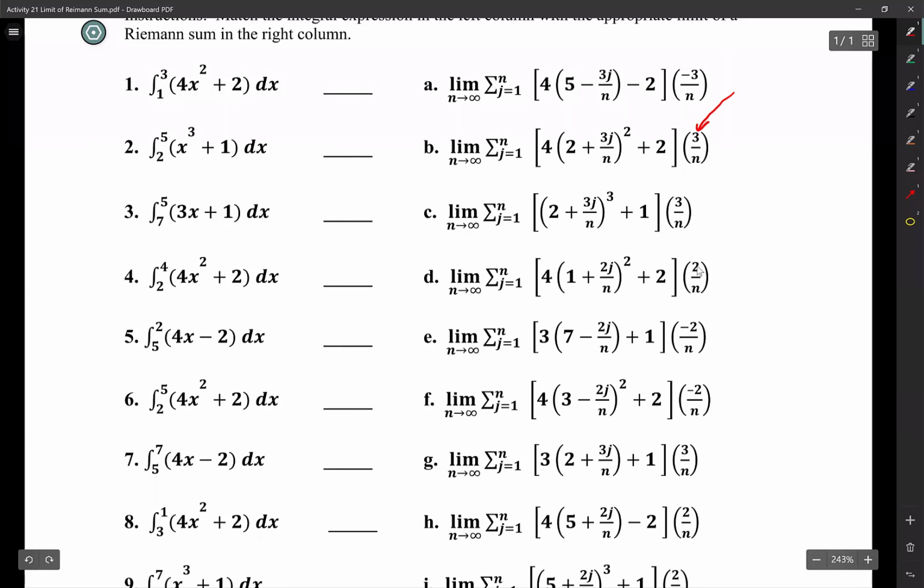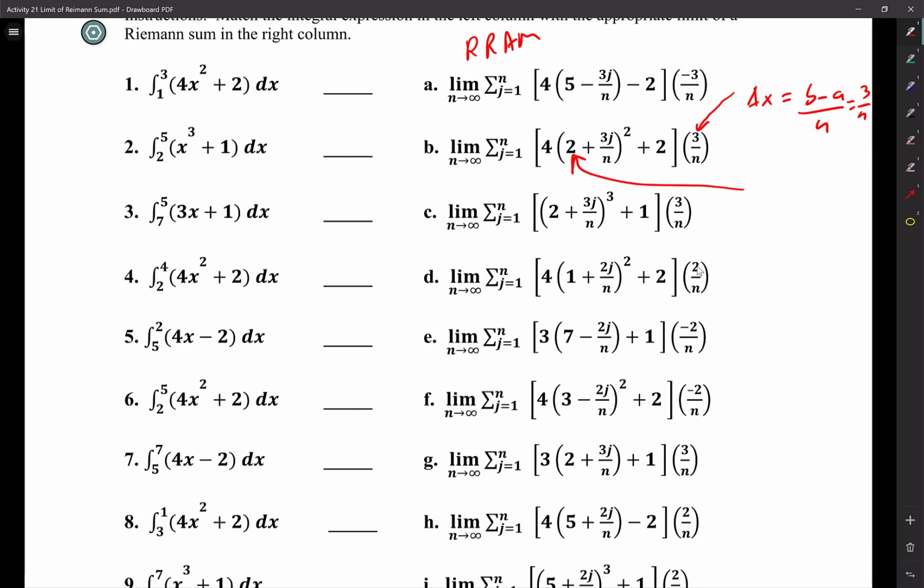So here's what I would do. Start off, you see that 3 over n? So you know that your delta x, or the B minus A, whatever the difference is on the top, has to be a 3. And you know, all of these are RRAM. You know that it has to start at 2.